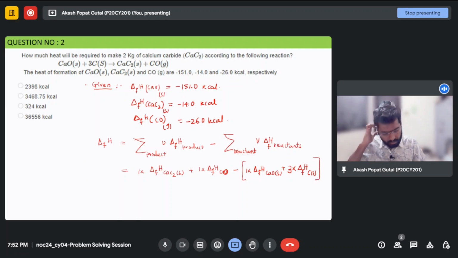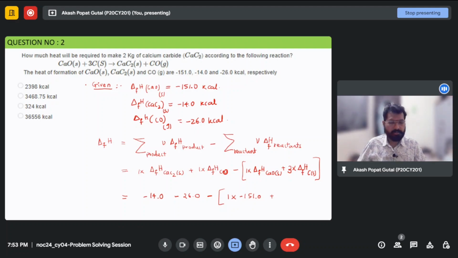And we know the value for CaC2 is minus 14, plus 1 into delta H formation for CO, which is minus 26.0, minus 1 into delta H formation of CaO, which is minus 151.